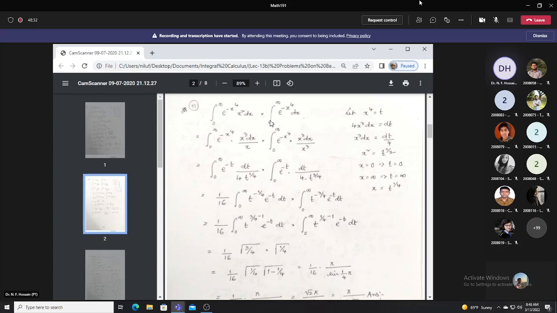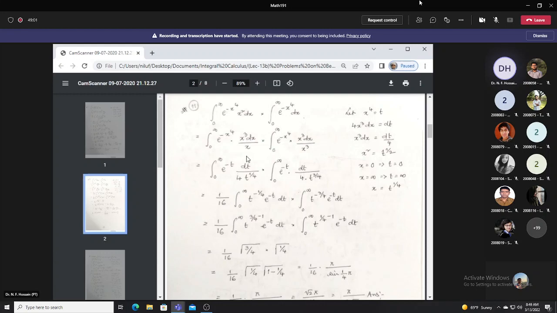Here you write this x squared as x cubed by x, and here x cubed by x cubed, right? Because you know the value of x cubed dx is dt by 4. So here comes e to the power minus t, because x to the power 4 is t, and x cubed dx is dt by 4.